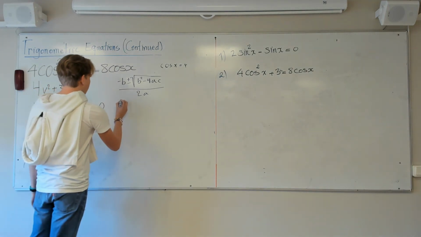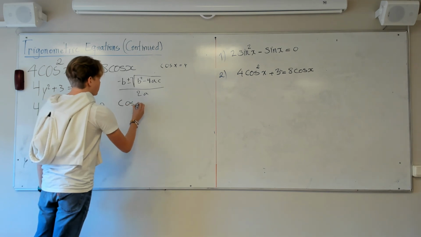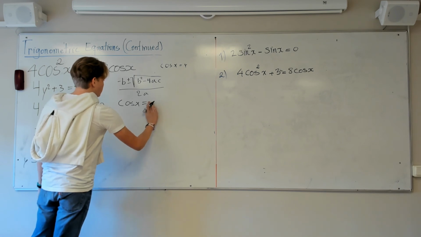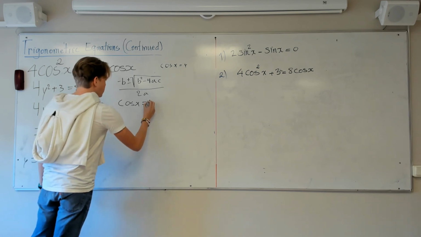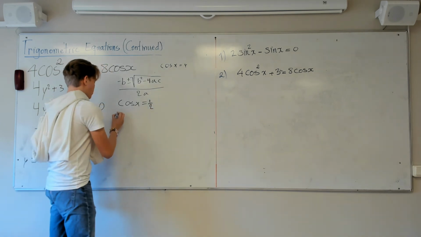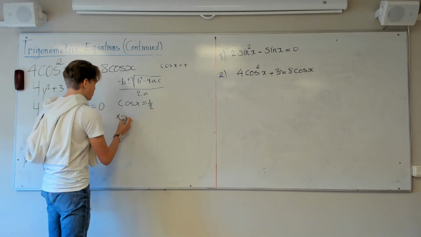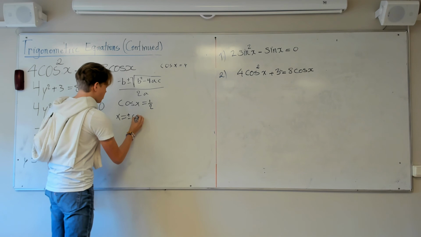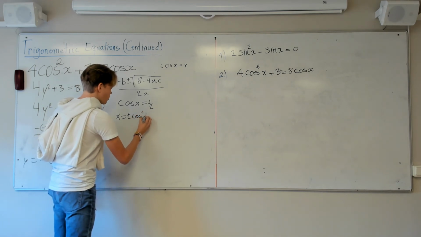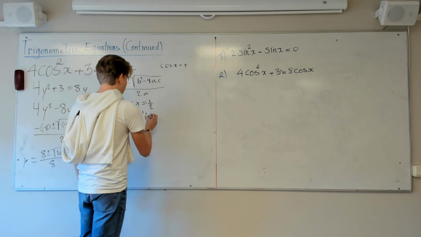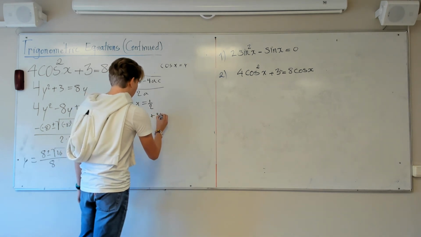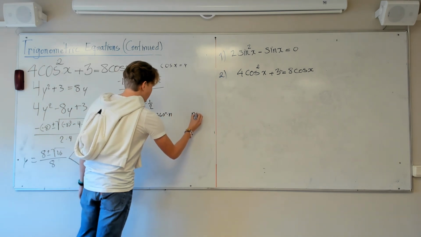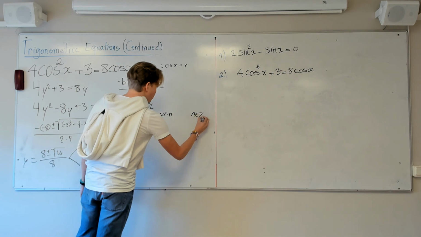So then we write cosine of x is equal to 1 over 2, and then we take x is equal to plus or minus cosine inverse of 1 over 2 plus 360 degrees times n, where n belongs to z.